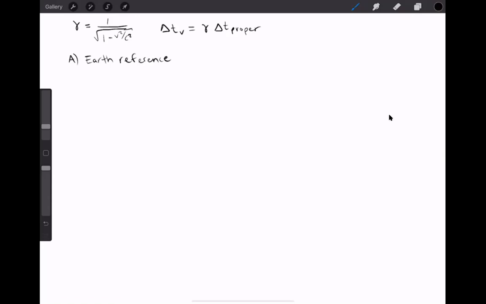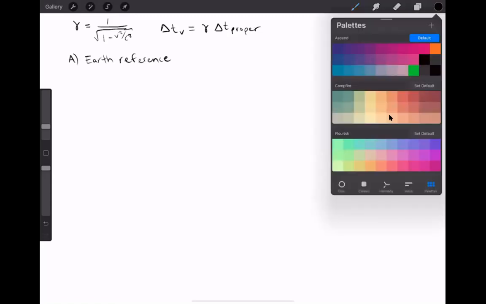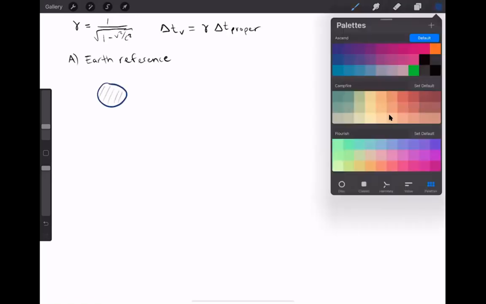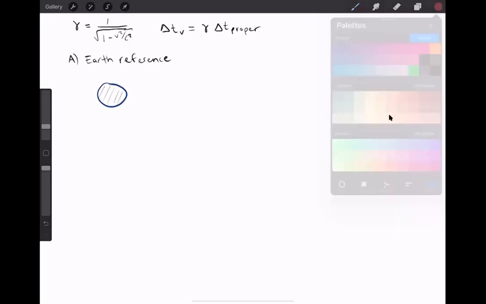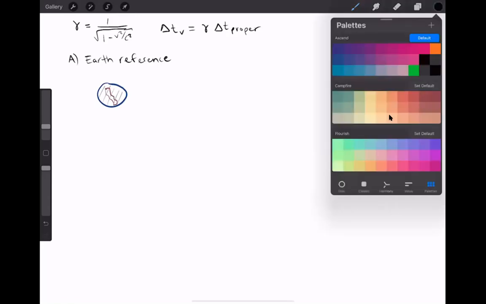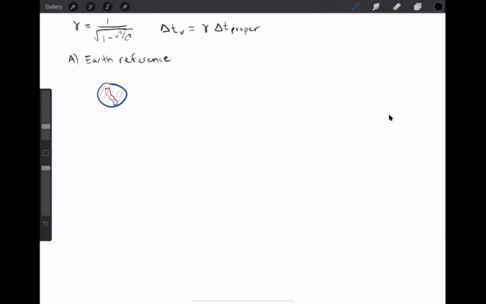Okay. So in the Earth reference frame, Earth is right here. In the Earth reference frame, there's no velocity, right? But then there's the spaceship that looks like this.